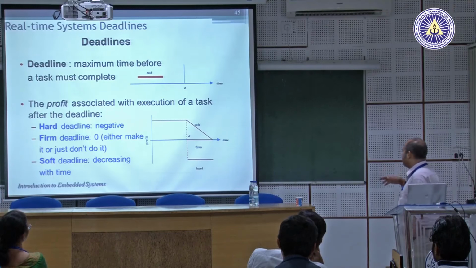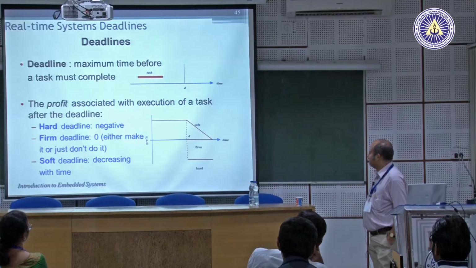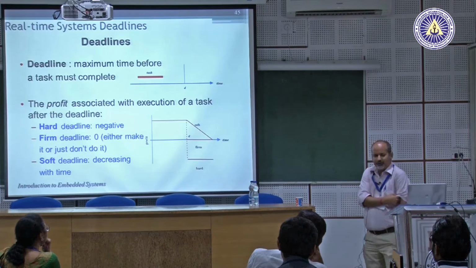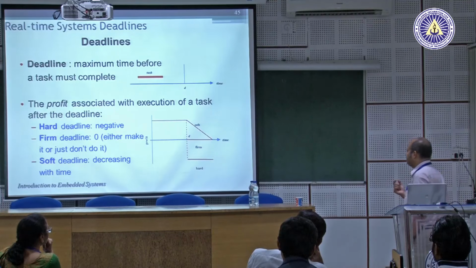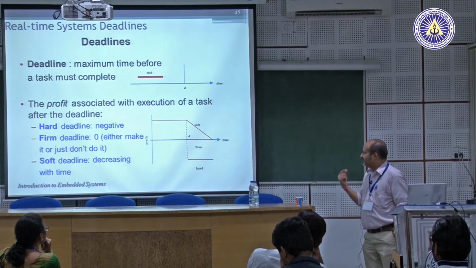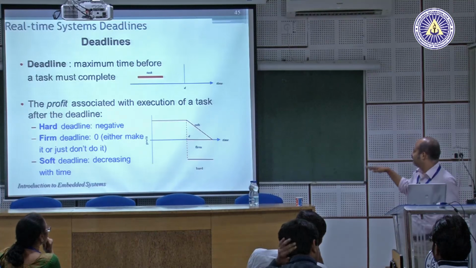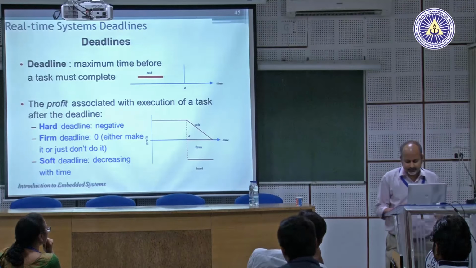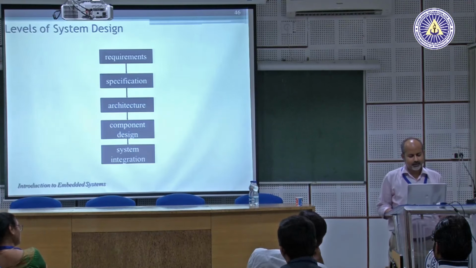Firm deadline is like your utility goes to 0, which means that if you don't make it, then don't do it. You can drop the frame. One or two frames dropped is not a big deal. And soft deadline means that even after the deadline, you can still do it because there is some utility. It goes down as time passes, but at least it is worth doing it after that.